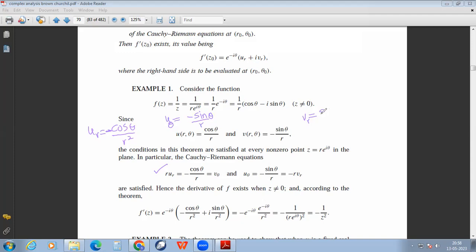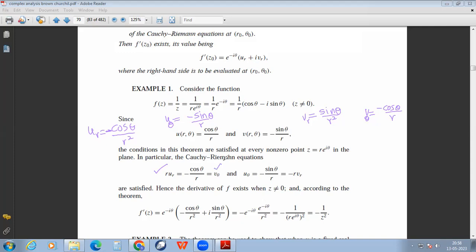It has to be sin theta upon r square. And v theta. What will be v theta? Cos theta upon r square... minus cos theta upon r. Is it right? So if you take this r up, you get r u_r, and that value matches with this minus cos theta upon r, which is v theta.